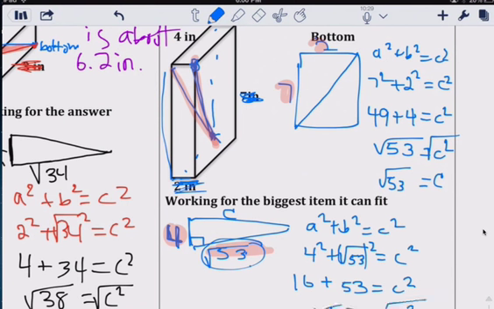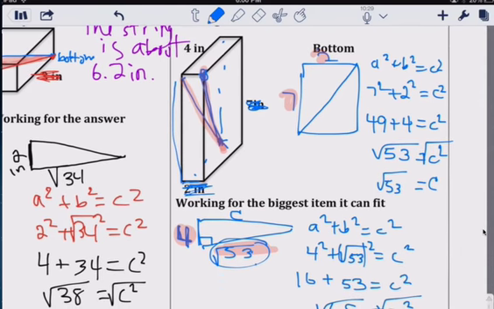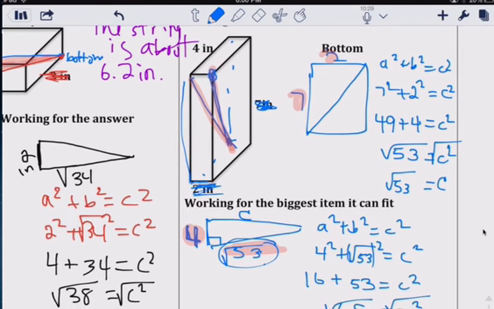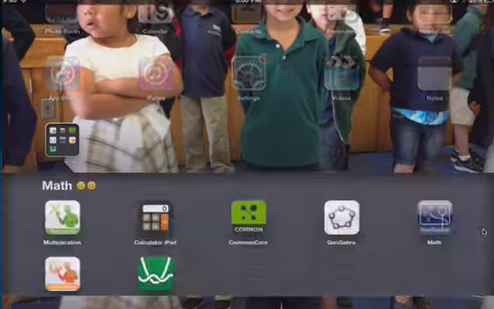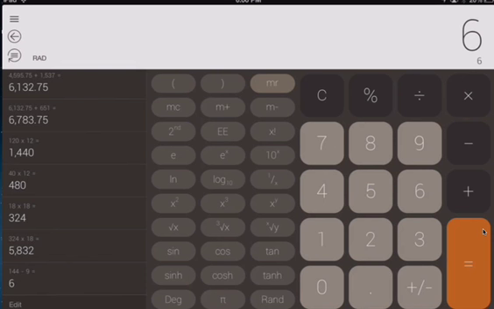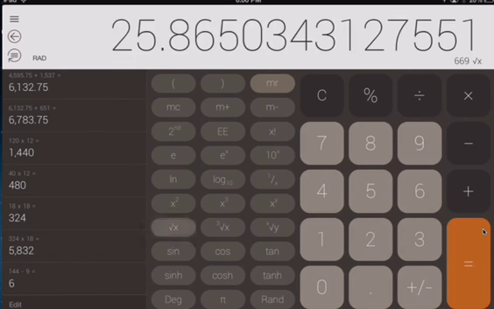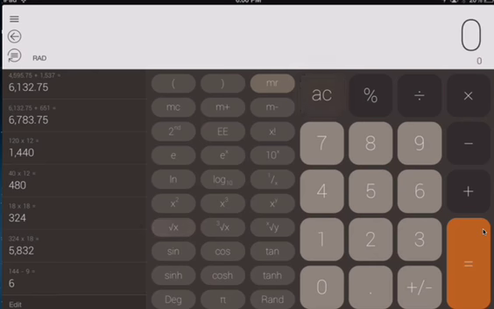And the square root of 69 is, no calculator, I need to open the calculator. So square root of 69, not 67, 69.